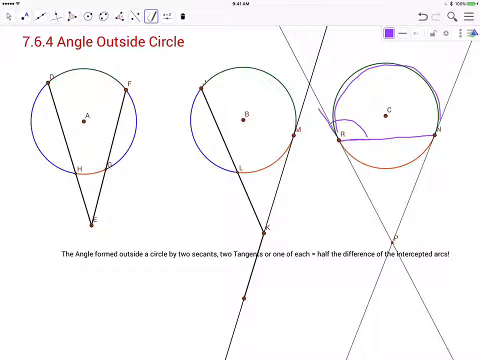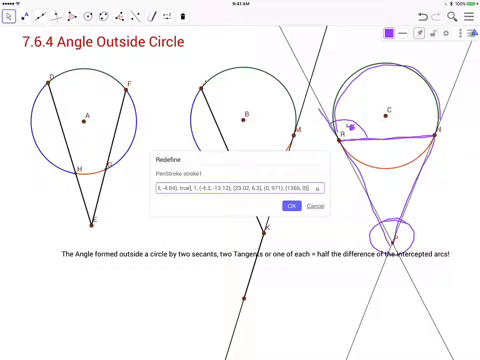It's an exterior angle to this triangle. And so it will be equal to the sum of P plus this angle up here.